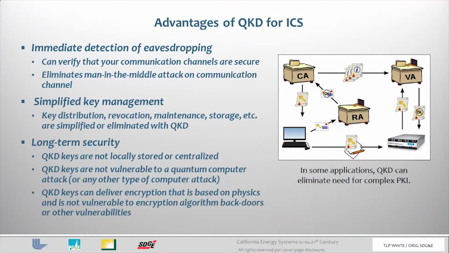The advantage of a QKD system to an OT network is that you really simplify your operations. A lot of the public key infrastructure for some applications can go away. You don't have to deal with key revocation and some other complex maintenance efforts that are typical with other keys.